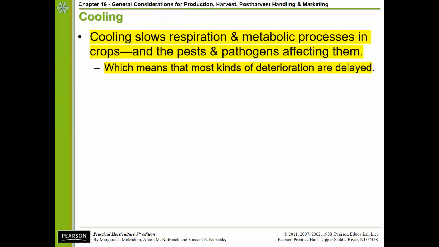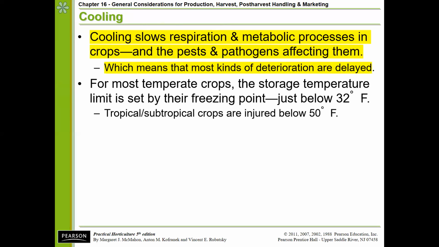Cooling is a huge part of post-harvest handling, which is meant to slow down the respiration and those metabolic processes in crops, and in some cases also remove or slow down the pests and pathogens that affect them, to delay deterioration.